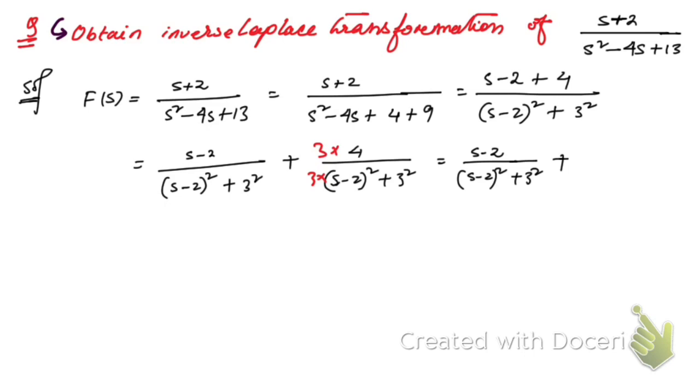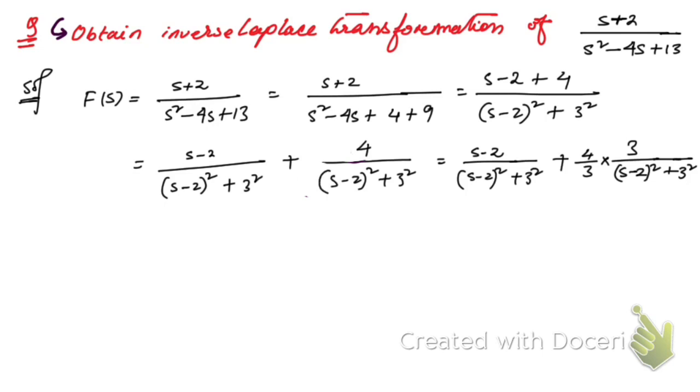So then we can take 4 by 3 outside, let me write here 4 by 3 into, then here we're going to have 3 by s minus 2 whole square plus 3 square, right? Okay, so now let me clean these things, just wait. So why I have done this, you're going to understand now. Let me explain it now, just let me write it properly.